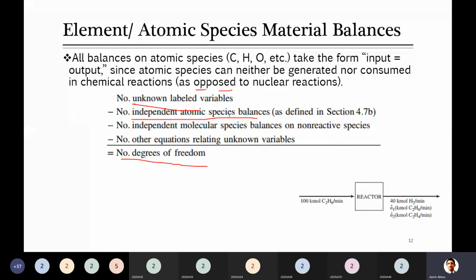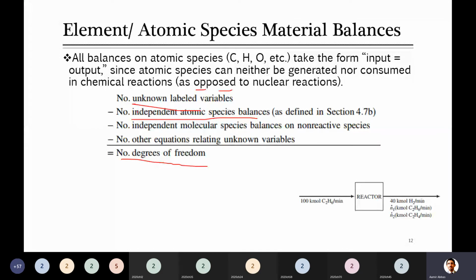In the last slide there is a balance for hydrogen and nitrogen, and you can easily locate that only one independent balance is there. With practice it will be easy for you to figure out whether they are independent or not.